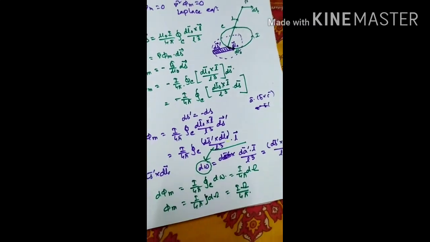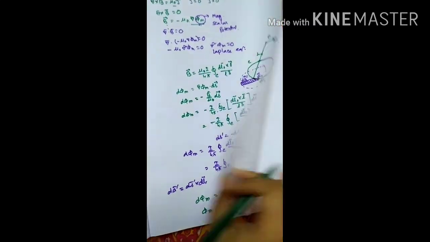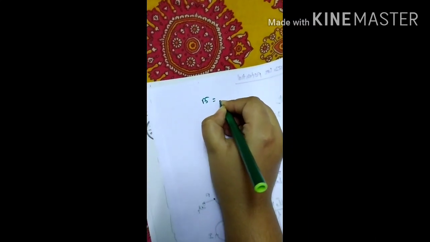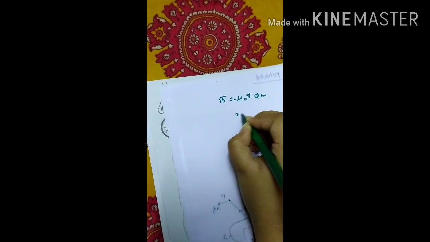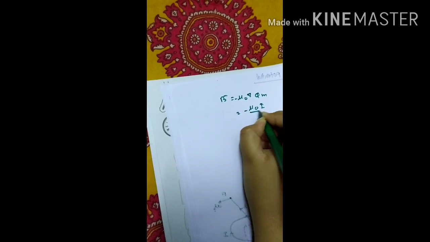And in this way we can also find B. So what is B? B equal to minus grad of phi m, equal to minus mu 0 I by 4 pi grad of omega.